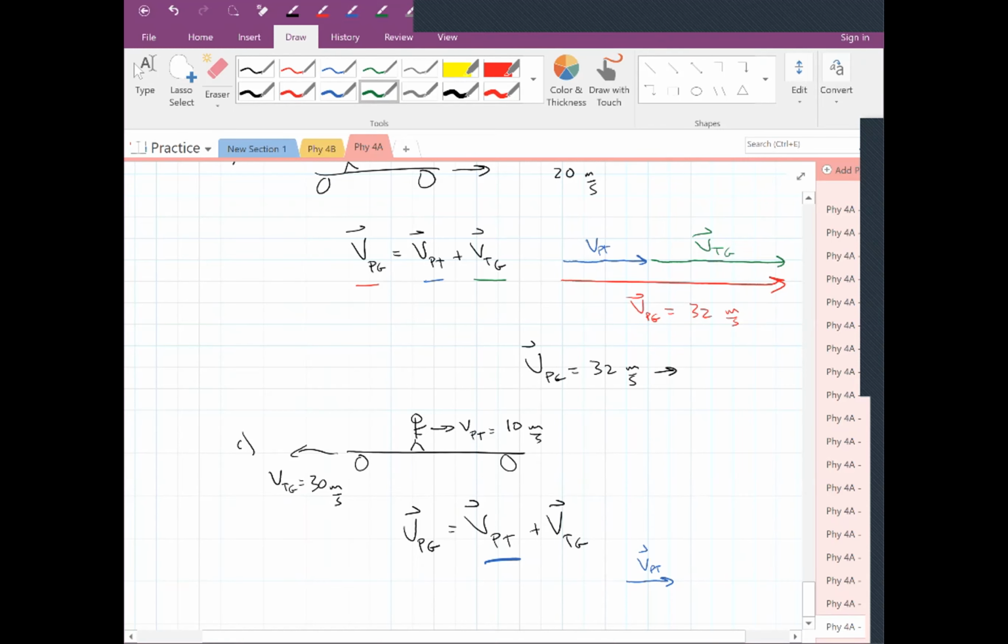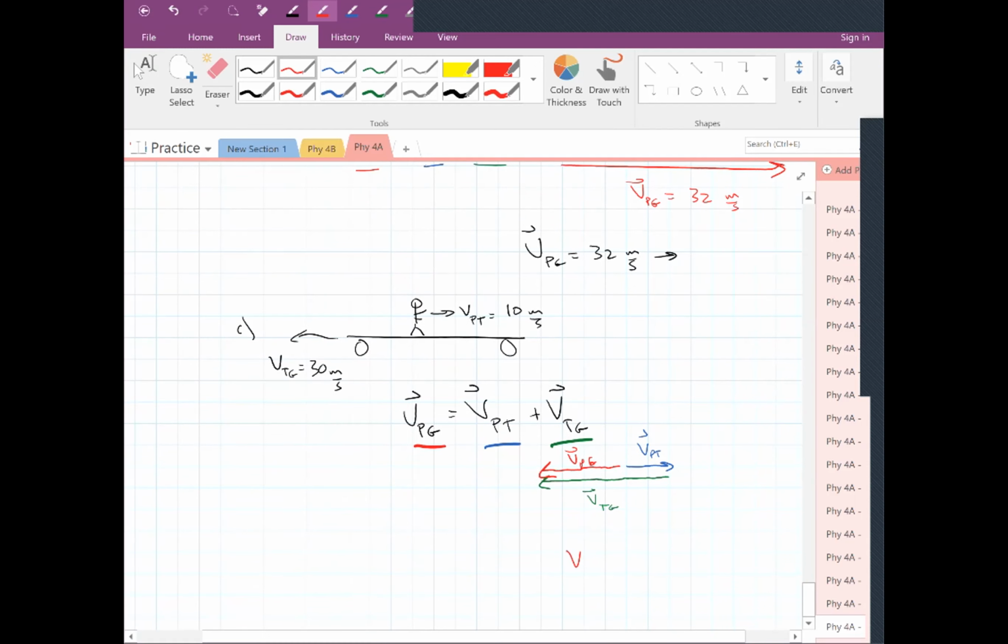The train ground is 30. 5, 10, 15, 20, 25, 30. And so we get 20, right? 5, 10, 15, 20.